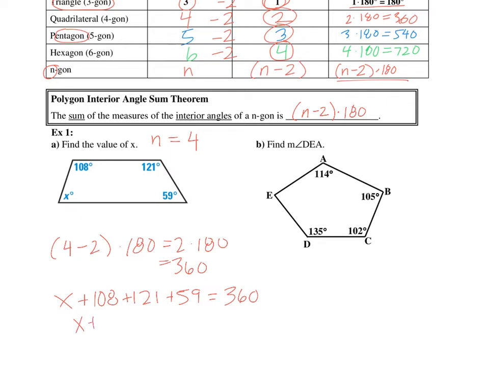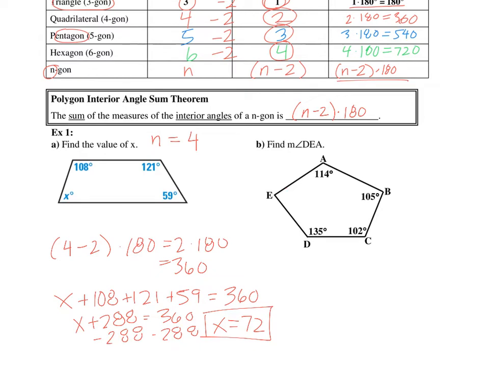That's equal to 288. Subtract that over, and so x is equal to 72. Done. Let's do the next example.